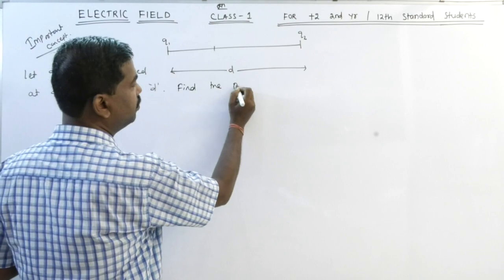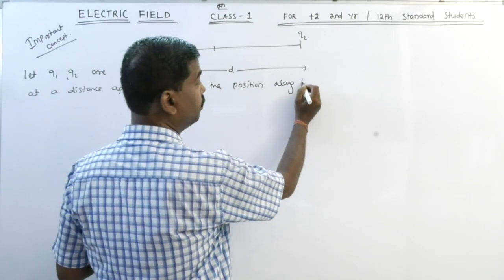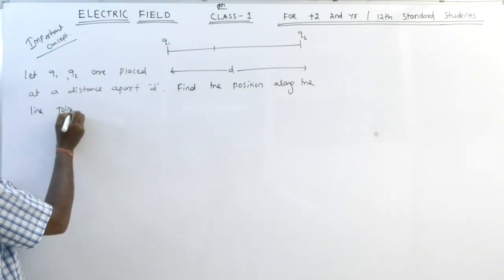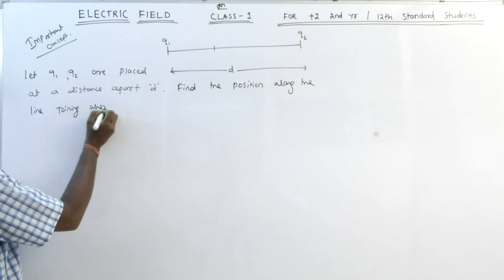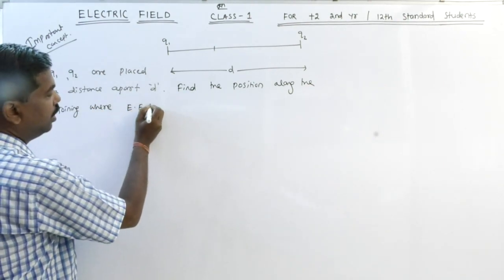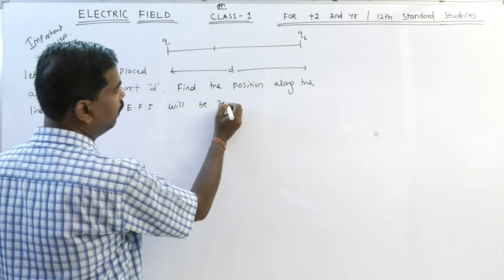Find the position along the line joining where electrical intensity will be 0.